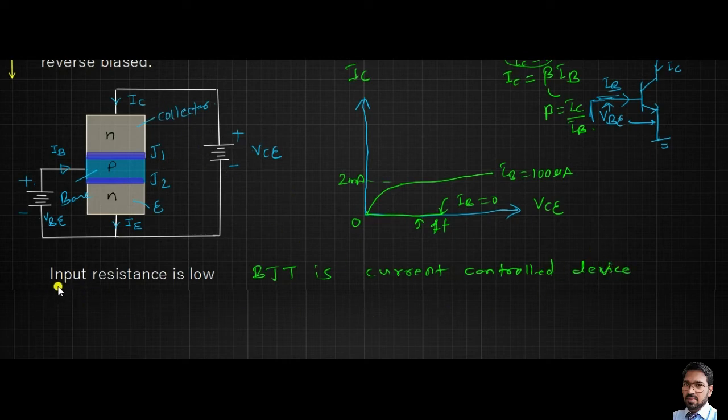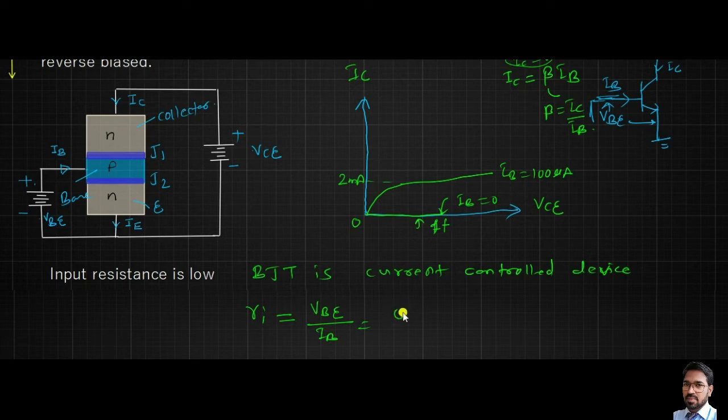Now what is the input resistance? Input resistance is low. How come it is low? If I say Ri is the DC input resistance, it is given by the input side DC voltage divided by DC current.